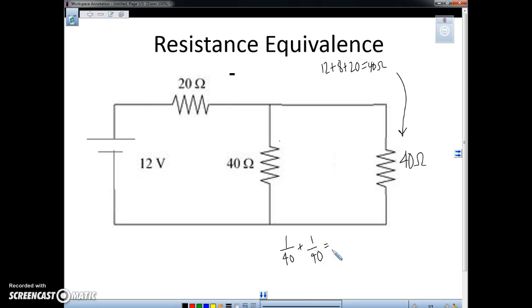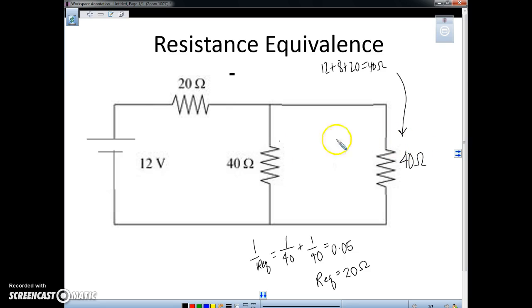So the inverse of 40 plus the inverse of 40 gives me 0.05, but I need to take the inverse of that, so I'm doing 1 over REQ, remember. So REQ has to be the inverse of that number, which gives me 20 ohms.